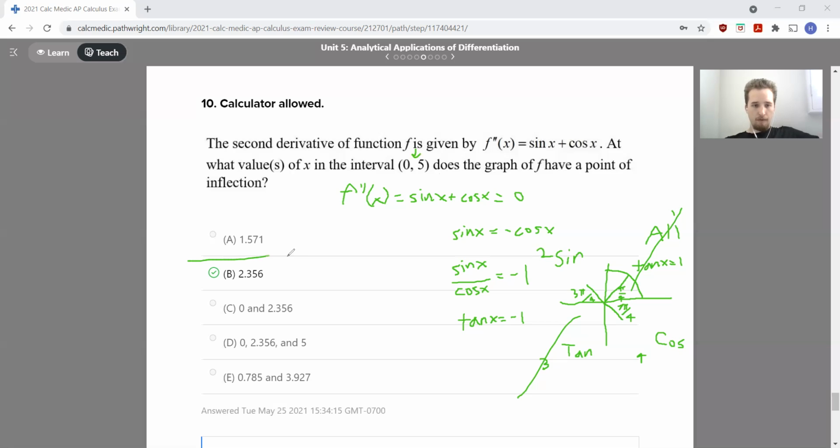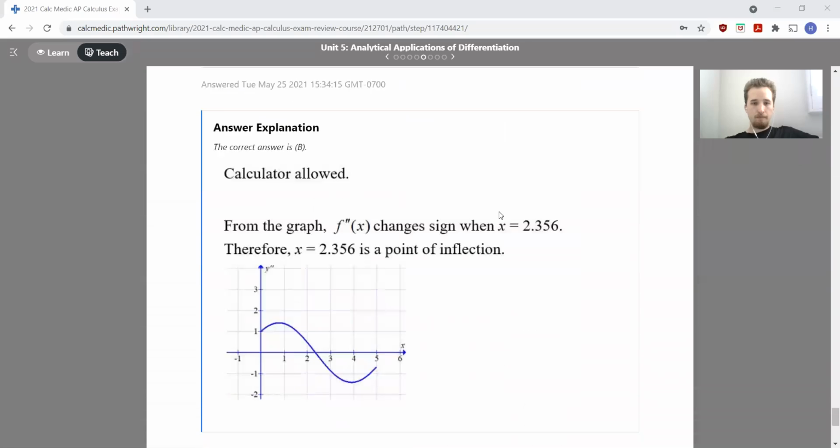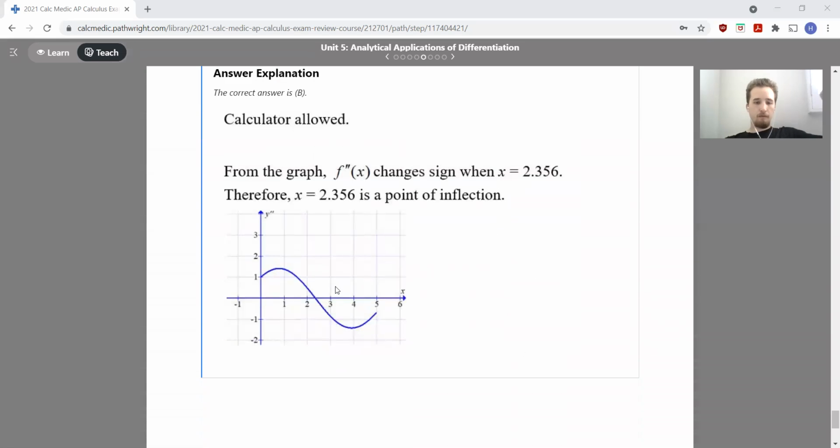And so 3 pi over 4 is equal to this. 7 pi over 4 is a bit above 5. So when you put that in the calculator, that's how you get this answer. And when you graph this, just showing you what you do without a calculator, you can graph this and you'll see that x equals 2.356 is where it's equal to 0. So that's a point of inflection.